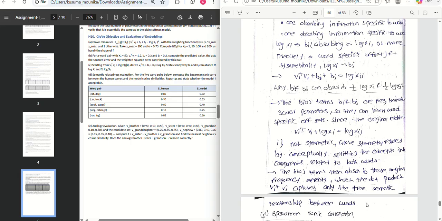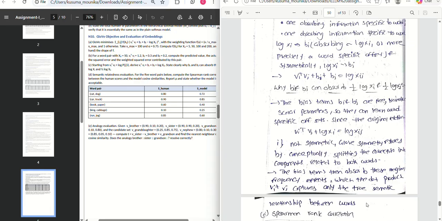The bias terms bi and bj can absorb these terms because they are free learnable scalar parameters. Since the original relation is not symmetric on its own, we restore the symmetry by letting biases absorb word-specific marginal frequency effects, leaving the dot product to capture only the true symmetric relationship between the words.